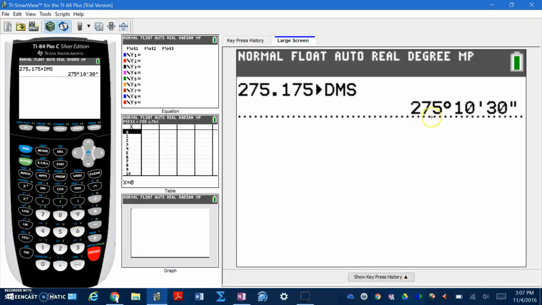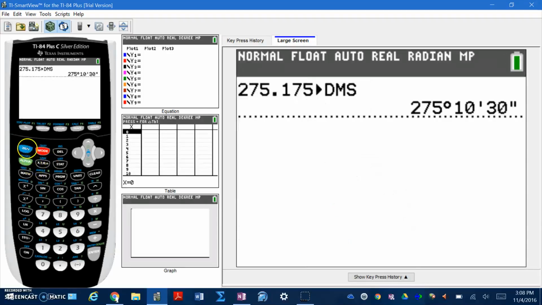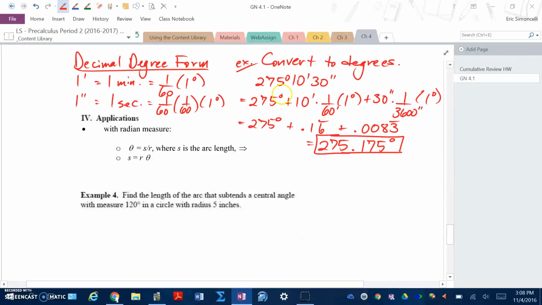And that, of course, is 275 degrees, 10 minutes, and 30 seconds. I could also do this in radians, and interestingly enough, it will still work. So converting it back to radians, I'll hit second enter, and then converting it, again, gives me, of course, what I knew it should have started as, 275 degrees, 10 minutes, 30 seconds.